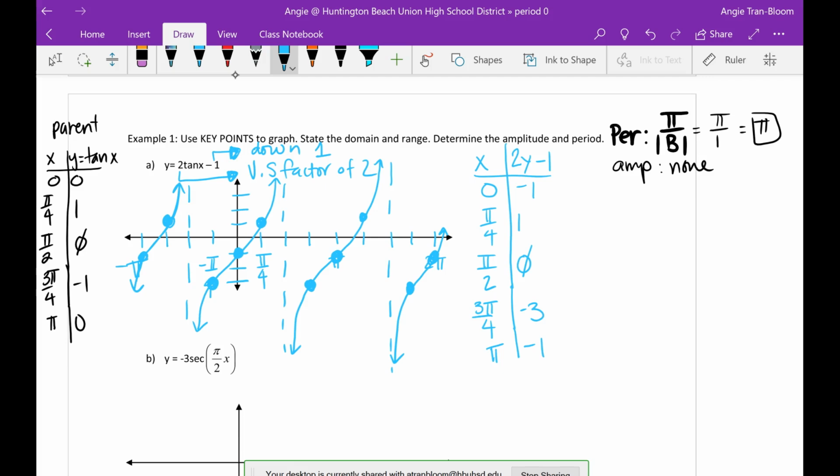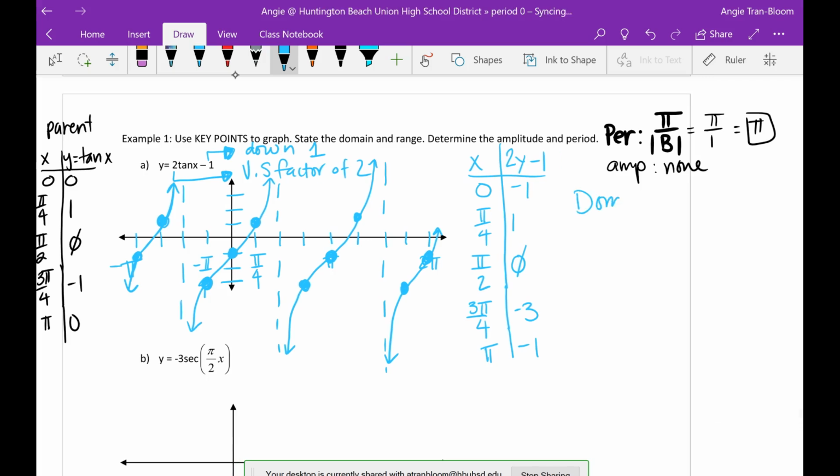Okay. Then it's gonna want you to state the domain and range. Here we go, domain. Is it still all real numbers like sine and cosine? No, no longer. So, what are we doing? The domain. How do we state the domain?